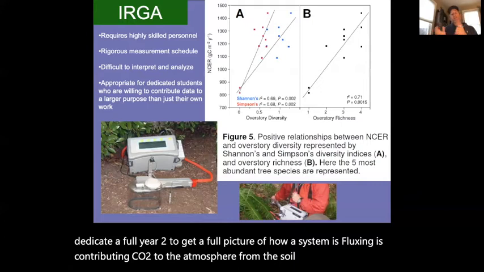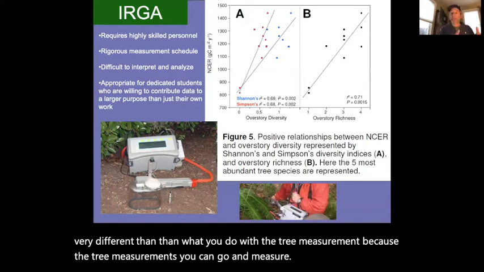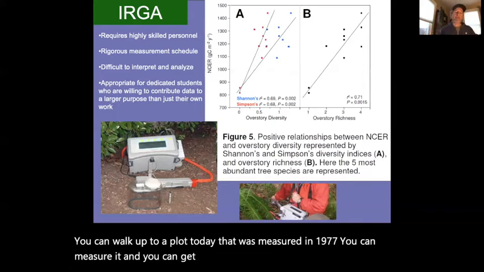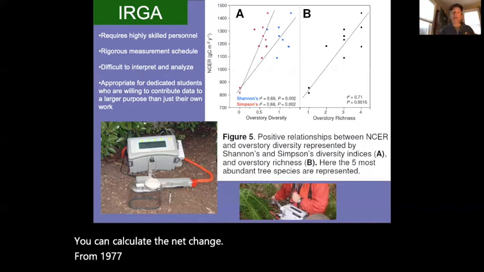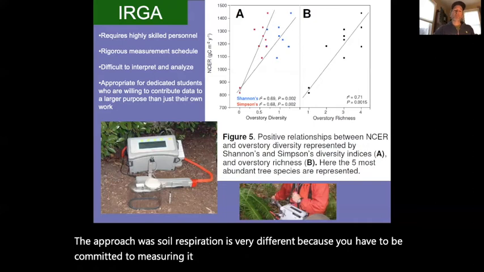So this is very different than what you do with the tree measurement, because with tree measurements you can walk up to a plot today that was measured in 1977. You can measure it and you can get a net change. In the course of a couple hours, you can calculate the net change from 1977 to now just by comparing values in past data. The approach with soil respiration is very different because you have to be committed to measuring it yourself over a longer period of time.